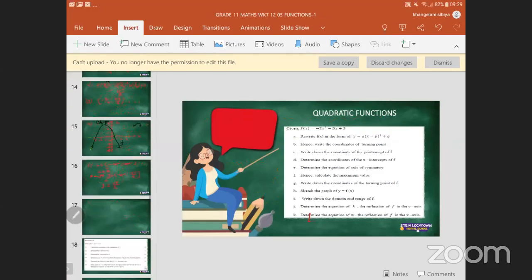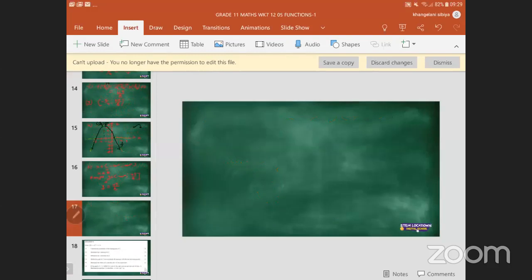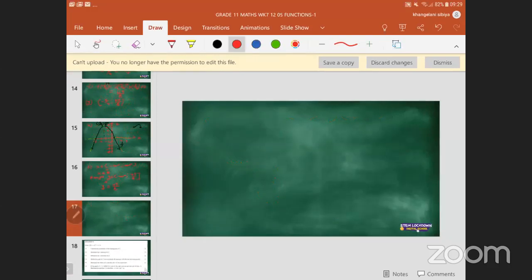Okay, J over J here. With a reflection across the y-axis, what is affected there is X. So it would be something like this. This means where there is X, we have to put a minus X.